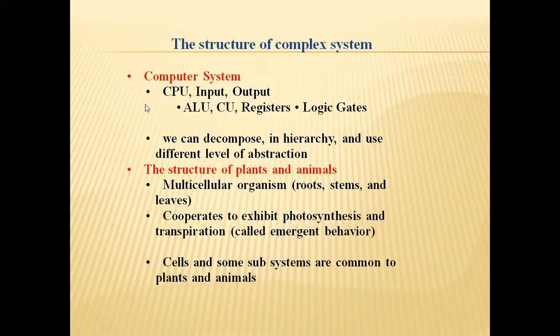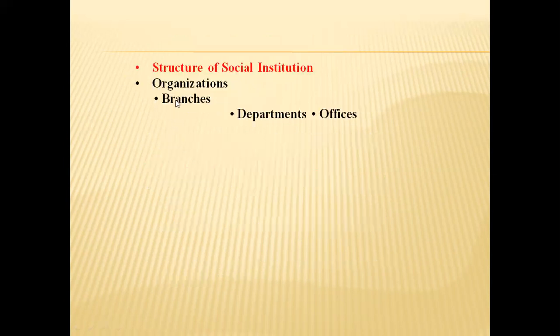Suppose in a computer there are different types of objects, and there are relationships among the objects. In plants and animals there are different types of objects, and in structural systems there are different types of organization: branches, departments, and offices.